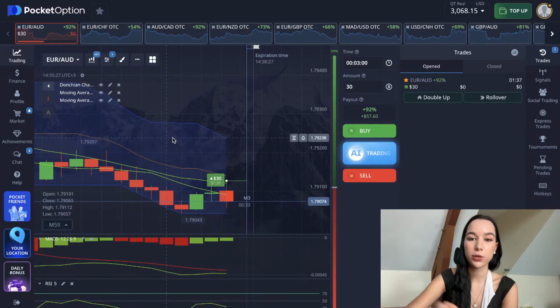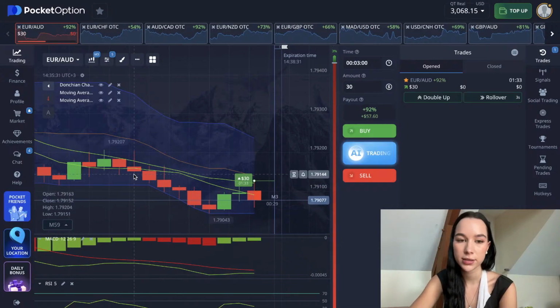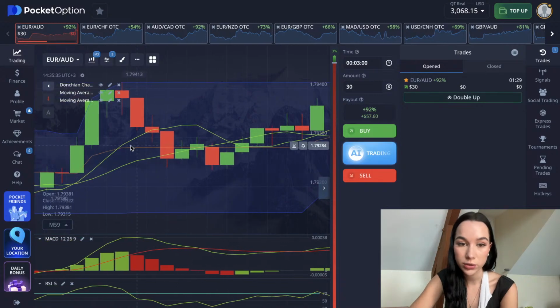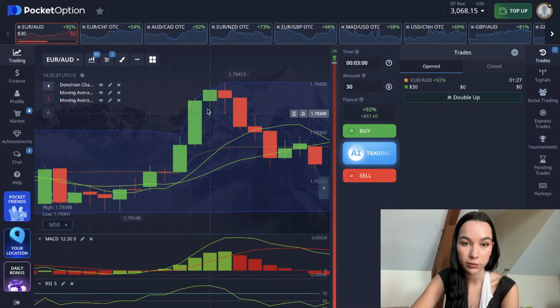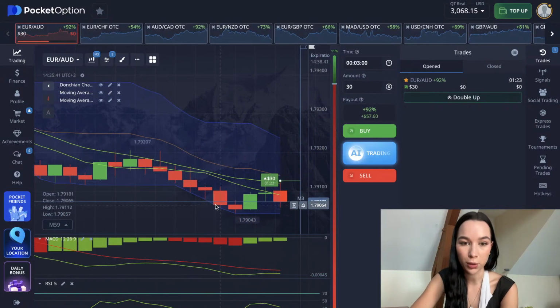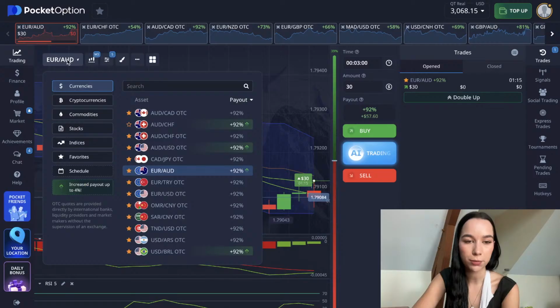It sounds pretty difficult to understand, but three white soldiers is the three last green candles, right? For example, like this. For example, like this also, but it's usually with a bigger body, definitely.